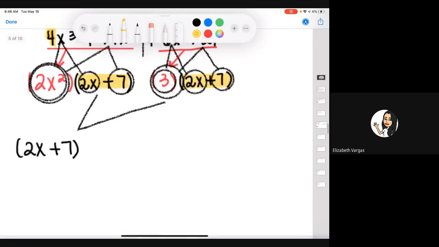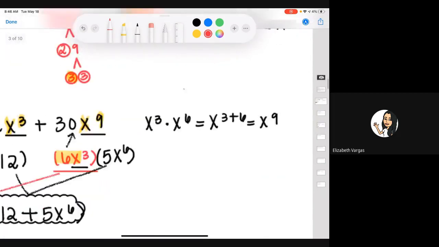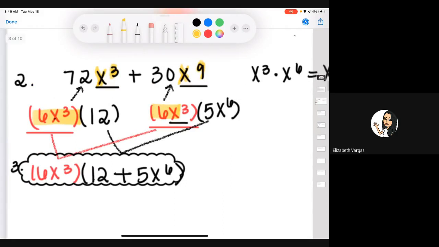But here I noticed that 2x cubed and 3 are not the same, right? Those are obviously not the same. And so I want to go ahead and put those together by adding them. And that's what I also did over here in this one. Right? I noticed that that 12 and that 5x to the power of 6 weren't the same, and so I went ahead and added them together.